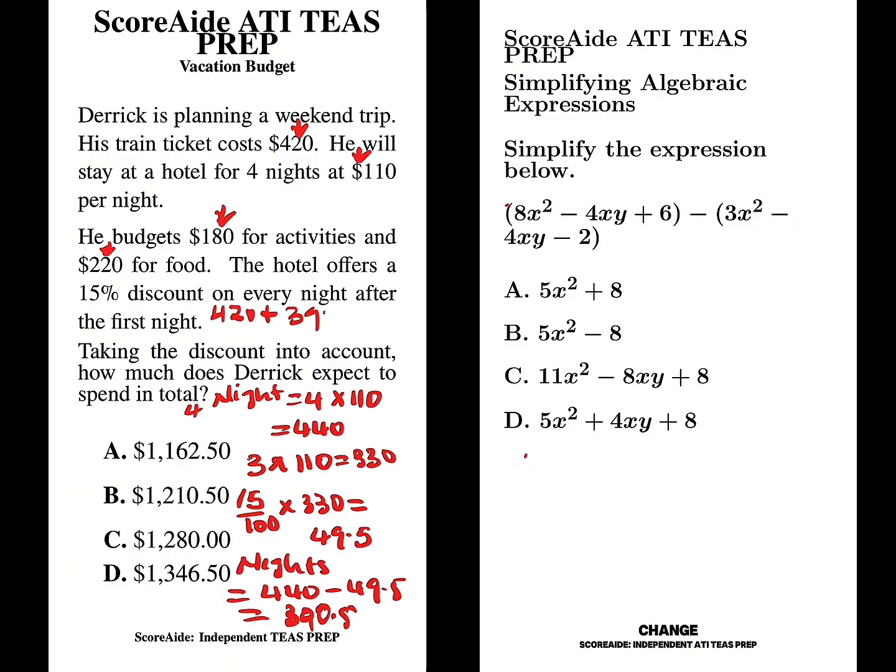He will spend $420 plus 390.5, plus $180 for activities, plus $220 for food, and that is going to give us $1,210.5. So the answer is going to be B.